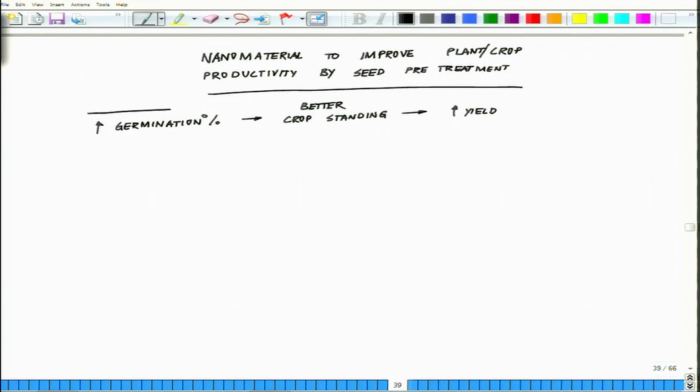So, this critical part is extremely important, and farmers have been using different treatments to enhance germination. The major treatment they possibly do is the water treatment, or overnight treatment in water.